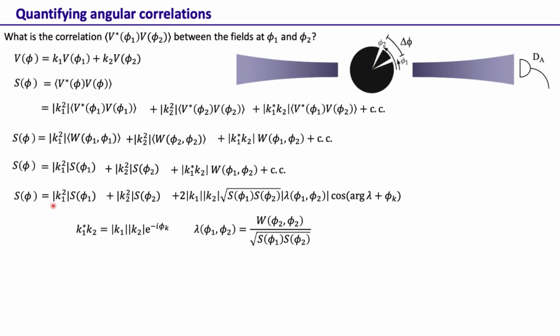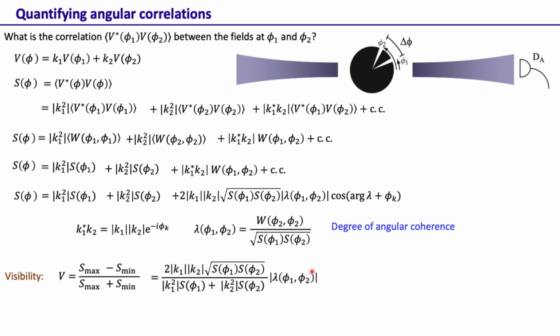Okay, now this is the intensity, and we can call this a degree of angular coherence. So corresponding to this intensity that we would see, we can define a visibility. Visibility is again S max minus S min over S max plus S min, and this we can calculate to be a quantity like this.